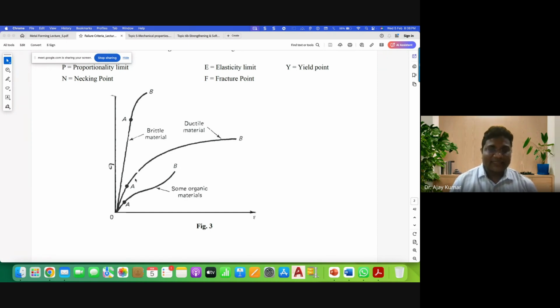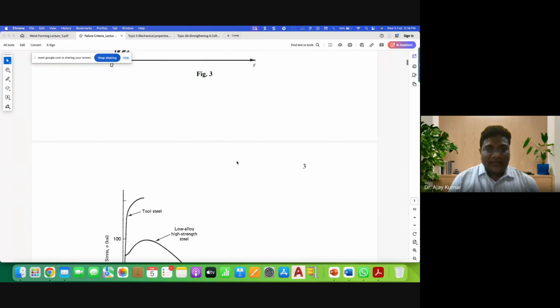It is not exactly any one material, but typically ductile material behaves like this and brittle material behaves like this. Brittle materials have negligible deformation and then they fail. But ductile materials have significant deformation, and after that they have the failure. Okay, clear?